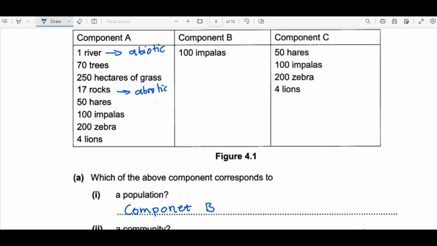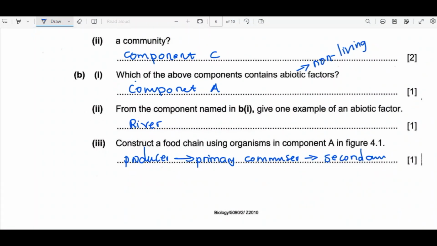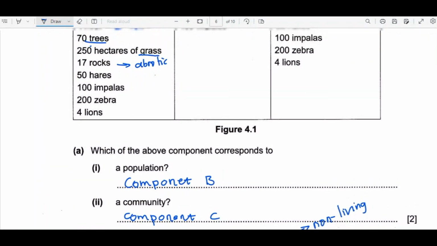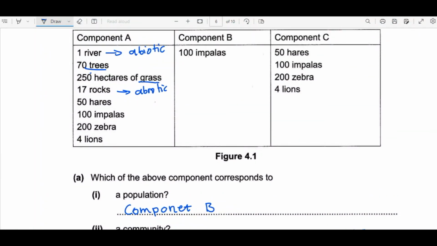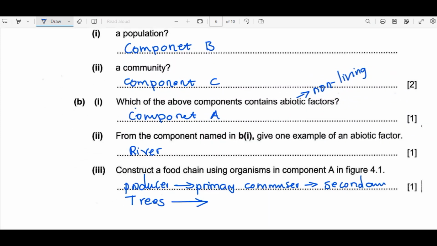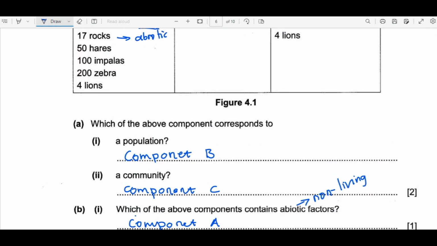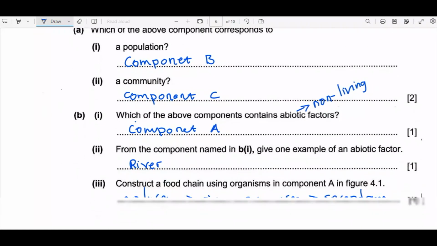In our case, we can use grass or trees. So let's say trees. Then under primary consumers, we are expected to have herbivores, animals that depend on plants only. So we have elephants or zebra. So let's use elephant. Then the secondary should be carnivores, animals that depend on other animals for flesh only. So we may have lions here.